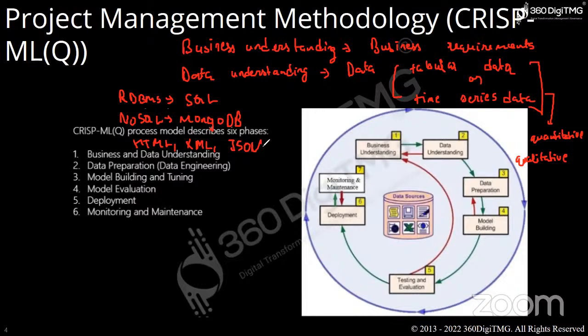All right, we have a lot of different data sources. So understanding this and understanding the business is the key. Without understanding this, we cannot really do anything. Okay. So first we try to understand what is the business requirements, what are the business constraints, and then we try to understand what sort of data is available to us and where are we getting that data from.